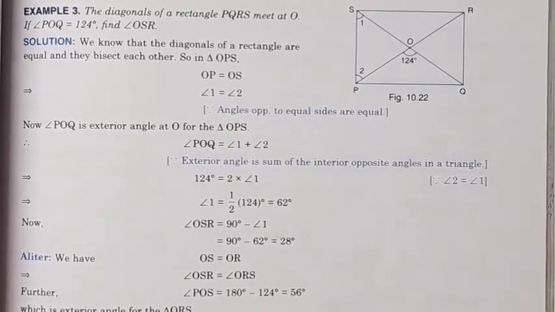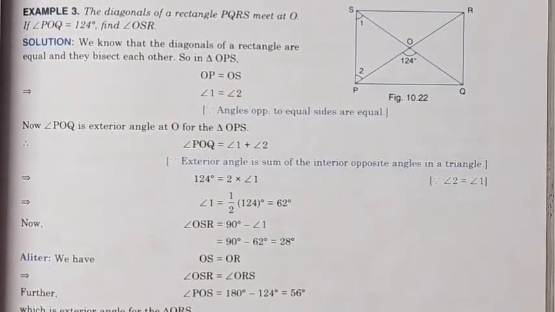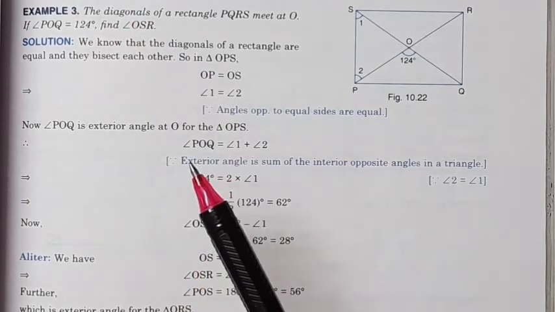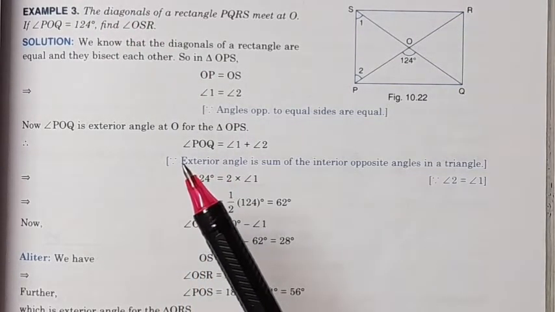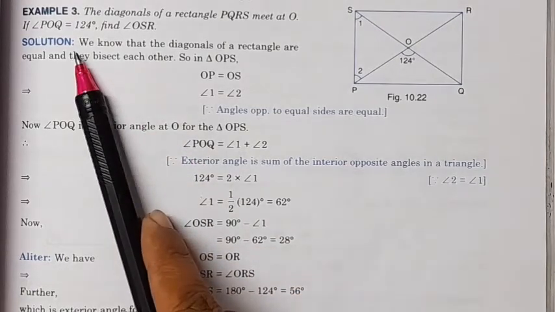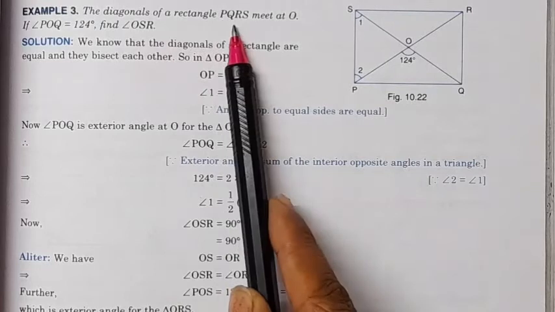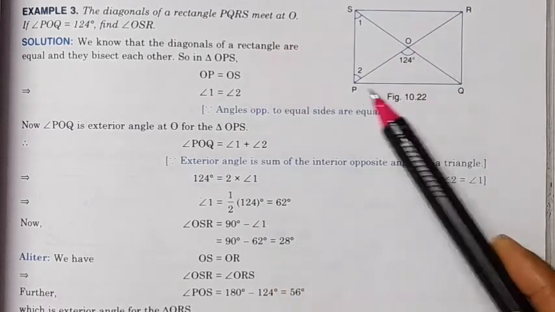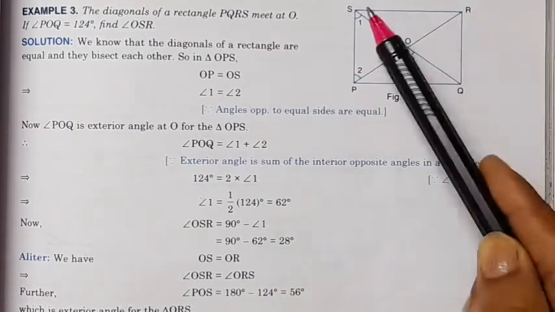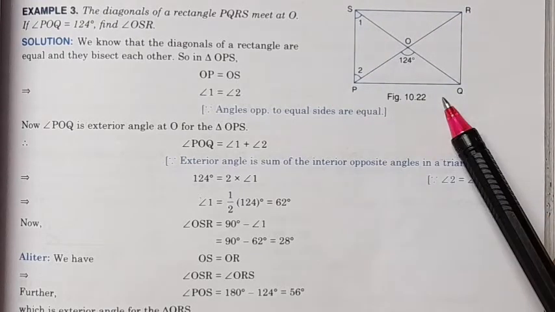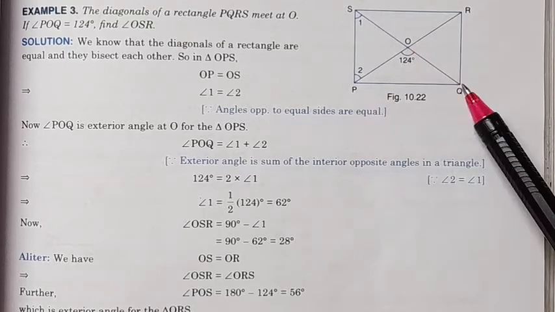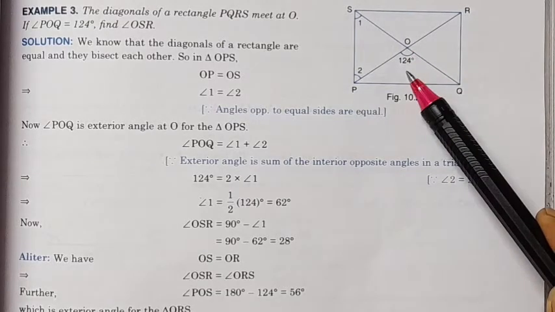Now students, let us discuss an example. That is example number 3 at page number 10.7 of your textbook. So the question here is the diagonals of a rectangle PQRS meet at O. You can see in the figure, PQRS is a rectangle where both the diagonals meet at O and angle POQ is 124 degree.